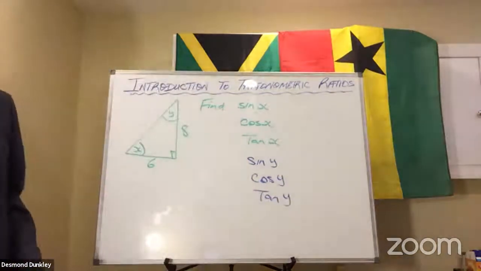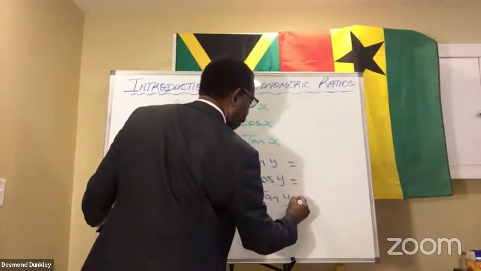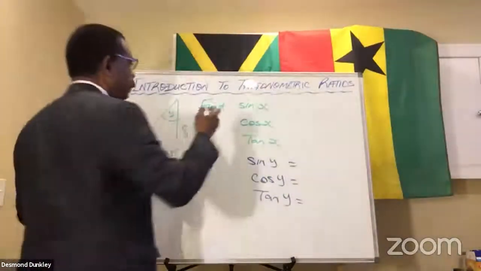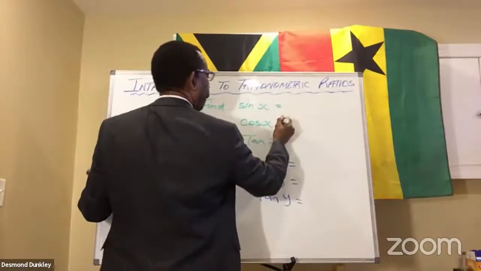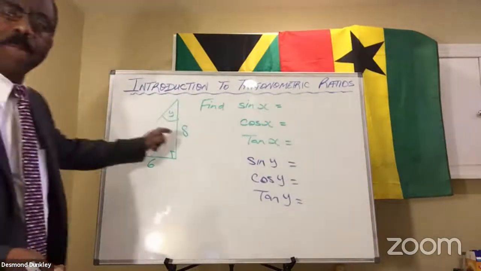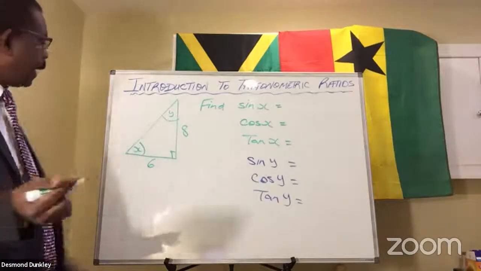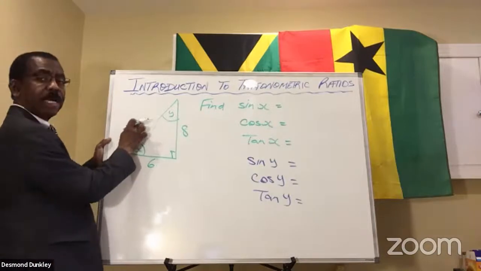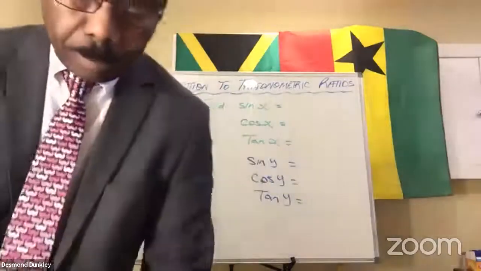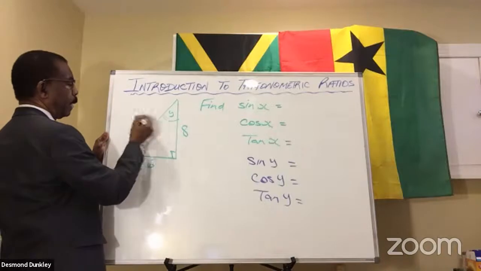Okay, so we're going to start with a simple exercise. So we have two sides of a right triangle. So the first thing we need to do is to find the missing side. So let's call it P. And let's call it M.